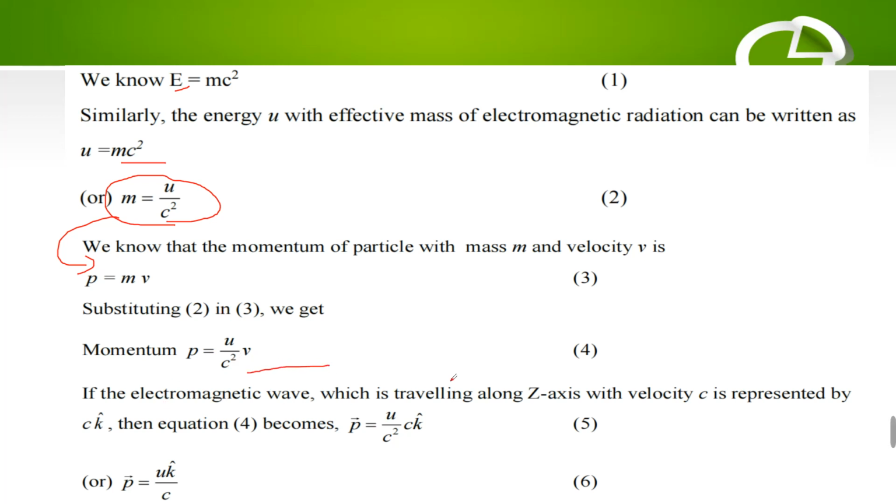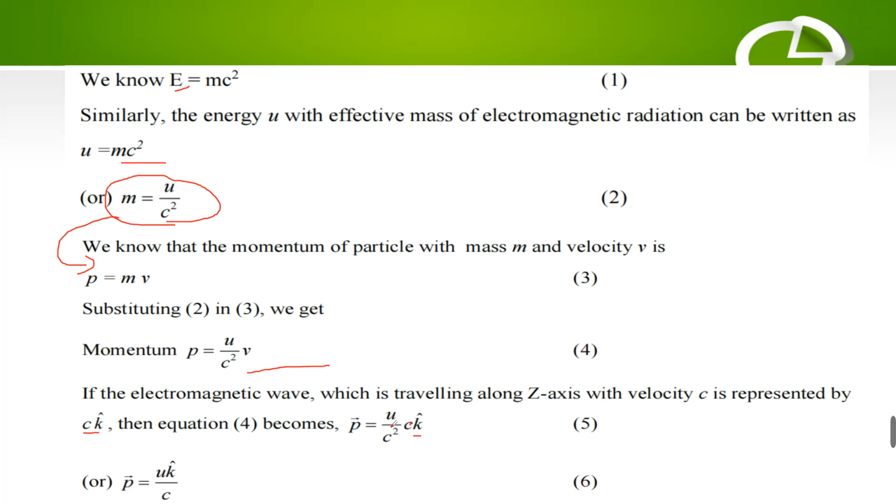If the electromagnetic wave is traveling along the z axis with velocity c, it can be represented as c k. So the velocity v becomes c k. In the above fourth equation, instead of v we substitute c k. So P is equal to U by c square into c k.